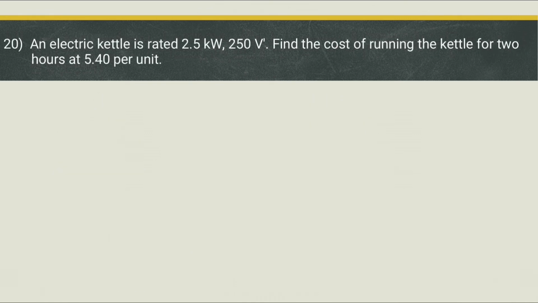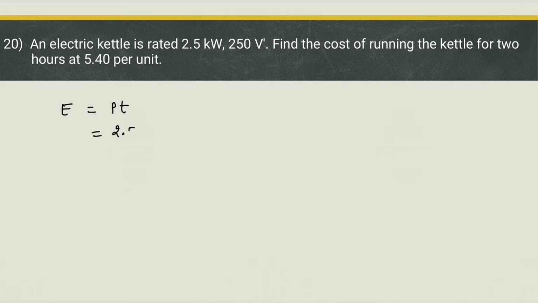20th. An electric kettle is rated 2.5 kilowatt, 250 volt. Find the cost of running the kettle for 2 hours at 5.4 rupees per unit. First we have to find the energy in kilowatt hour, that is power into time.